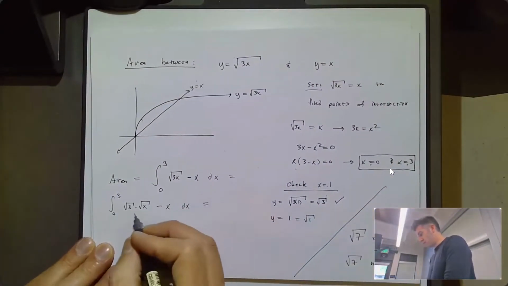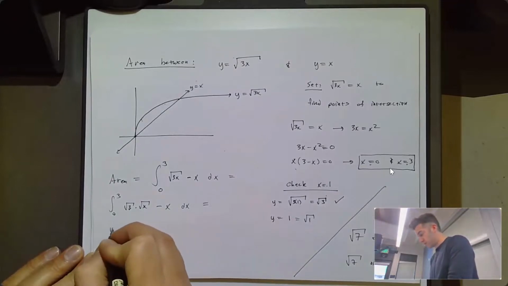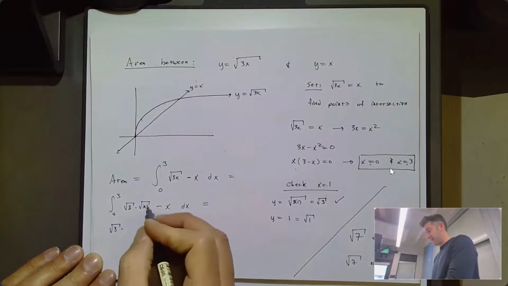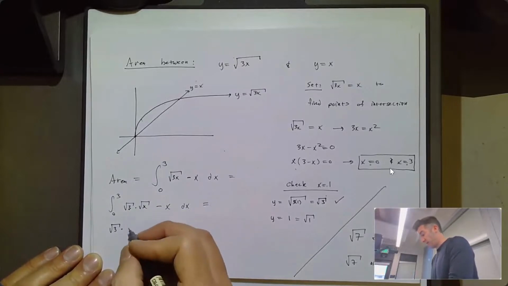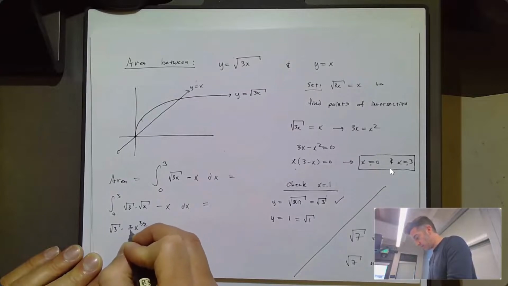So now, the antiderivative of a constant times the square root of x: that constant hangs out, and the antiderivative of x to the 1/2 is x to the 3/2 times 2/3.